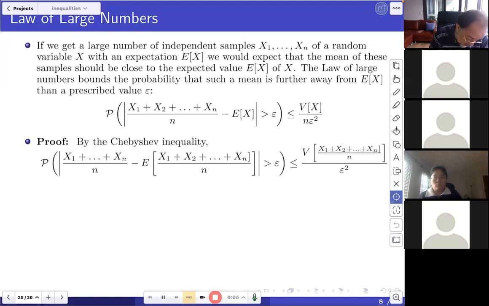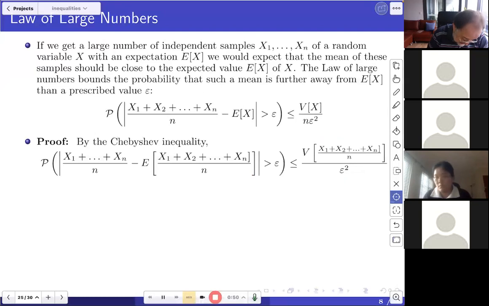Well, by Chebyshev inequality, we have the following. If we consider this average of random variables as a new random variable, you can call it y, then this random variable minus the expected value of this random variable will be larger than epsilon with probability that is bounded from above by the variance of the random variable y, namely variance of the mean of random variables from x1 to xn, divided by epsilon squared.